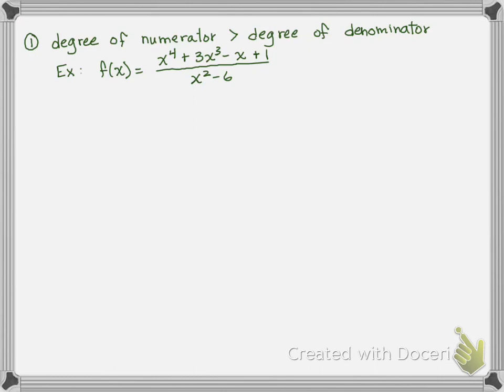Which means that 3x to the 3rd minus x plus 1 is negligible when x is really big. It's like rounding 60 billion and 1 cent to $60 billion. Those 3 terms at the end of the numerator become so small in comparison to that first term that we can just round them away.